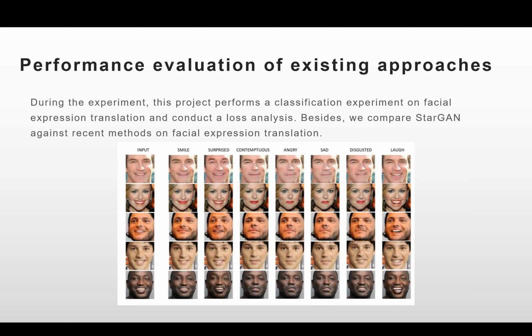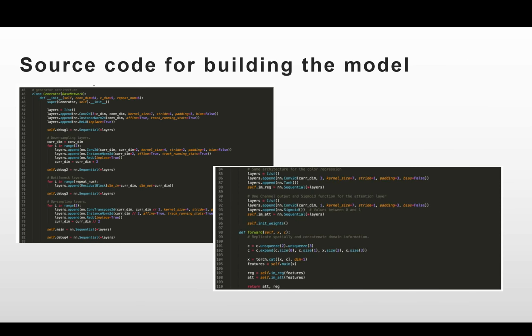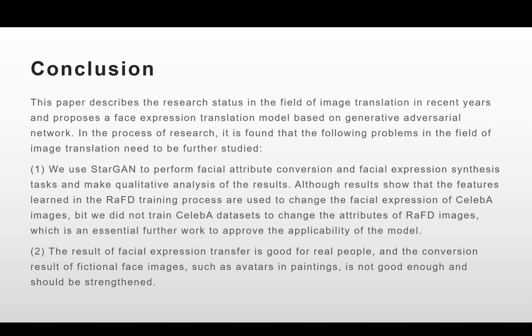As shown in the above figure, the features learned in the RaFD training process are used to change the facial expression of CelebA images. And this is the core source code for building the model.